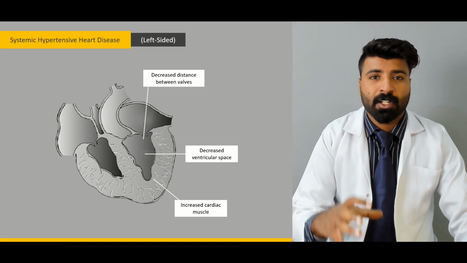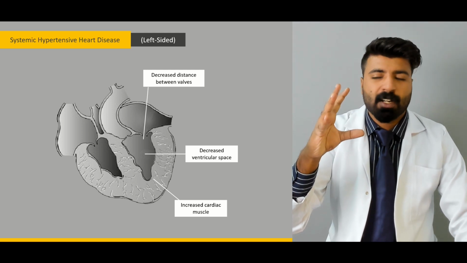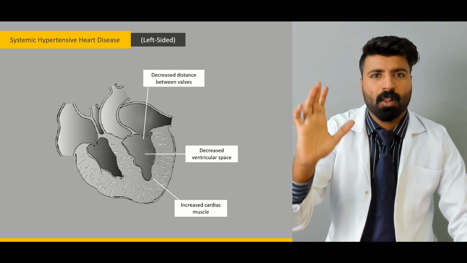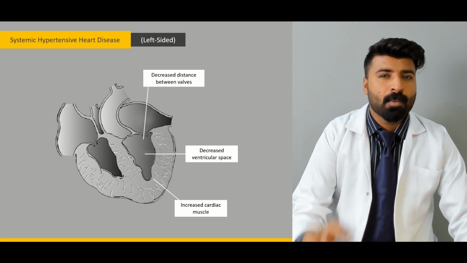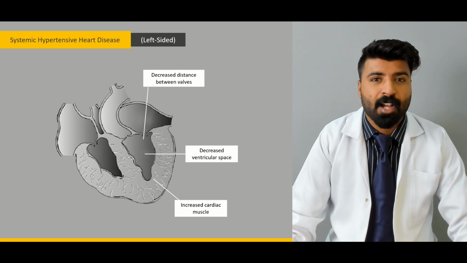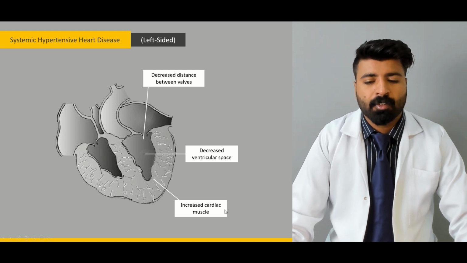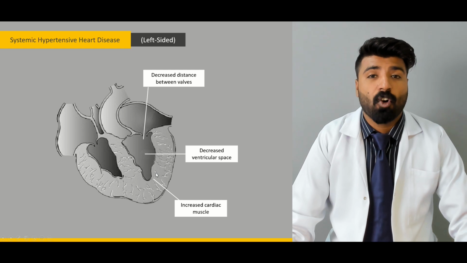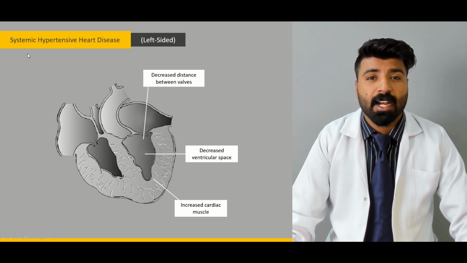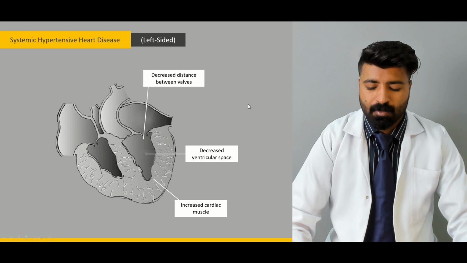So now the left ventricle is going to contract like this to push all the blood out. So the left ventricle will need more and more pressure, and that will lead to systemic hypertension. Third, increased cardiac muscle. Now the cardiac muscle has increased. It's going to pump the blood out very vigorously. And that's also one reason for getting to the systemic hypertensive disease.